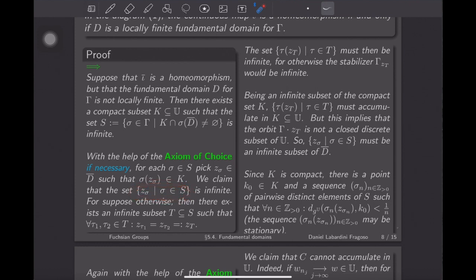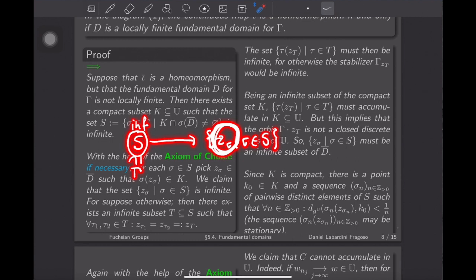What I have is an infinite subset S of gamma, and I'm producing a function to the set of z's: to each element sigma of S, I associate precisely the corresponding z sigma.